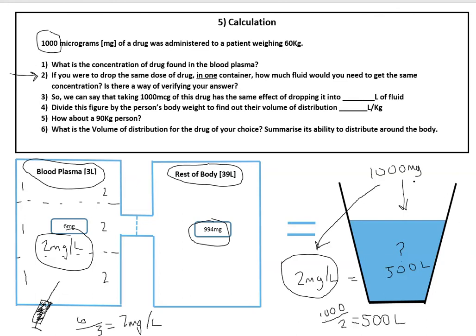So over here, if you've got 1,000 milligrams of drug divided by 500 litres, hopefully you can see that 500 into 1,000 is 2, which gives us 2 milligrams per litre. And that's the maths behind it.